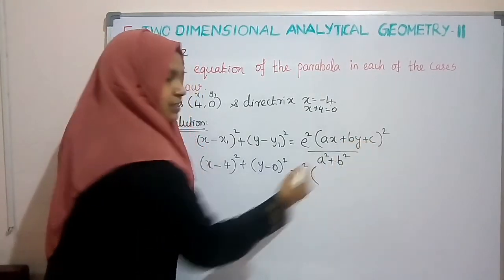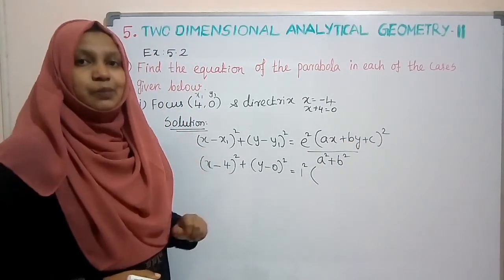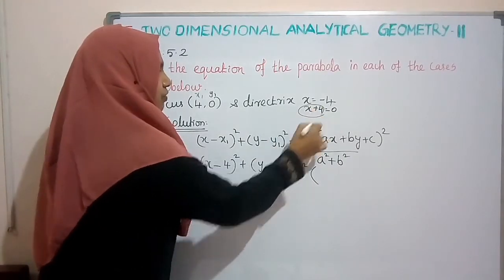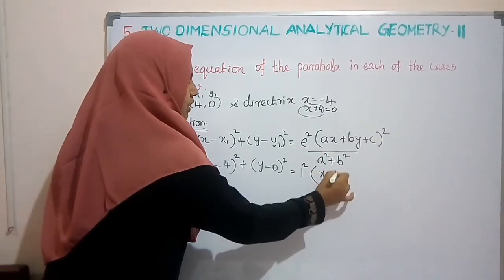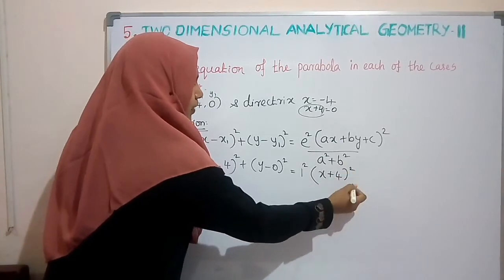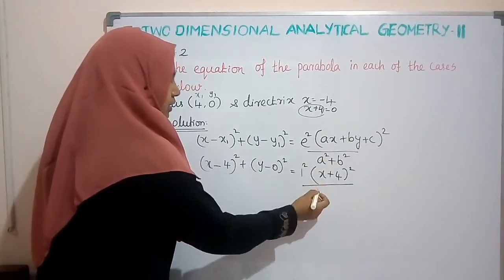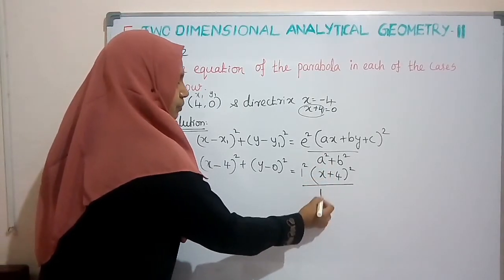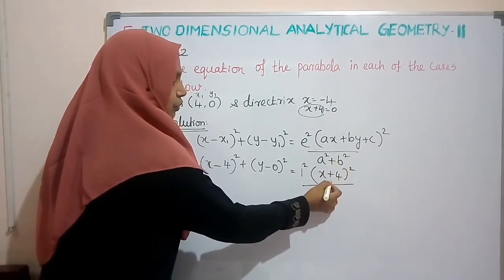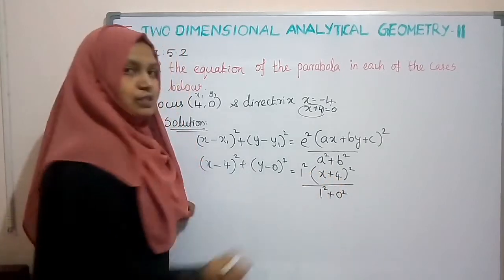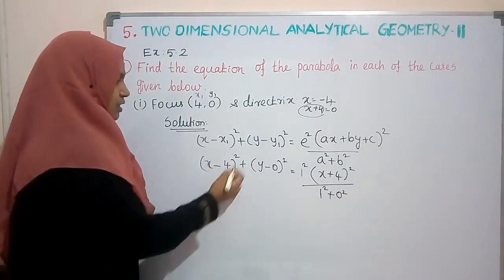Ax plus by plus c, we should substitute the equation of directrix. The equation of directrix we can write x plus 4 the whole square divided by a square plus b square. a is x coefficient, I am writing 1 square. b is y coefficient, 0 square because there is no y here. Now just expand this.